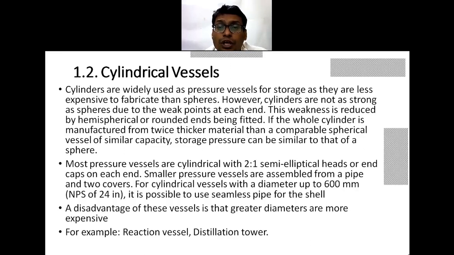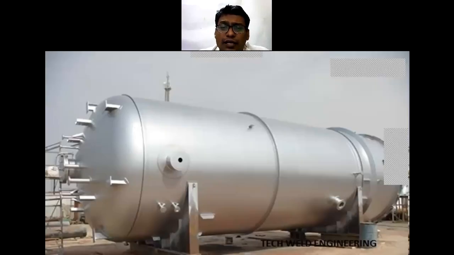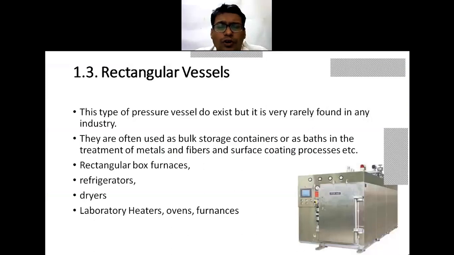So the huge dimensions of these machines increase the fabrication cost of the cylindrical vessel when you are increasing the thickness and the diameter. Generally, these are used for reaction vessels, distillation towers, heat exchangers, and whatnot. Almost all chemical equipment uses these cylindrical shaped vessels.